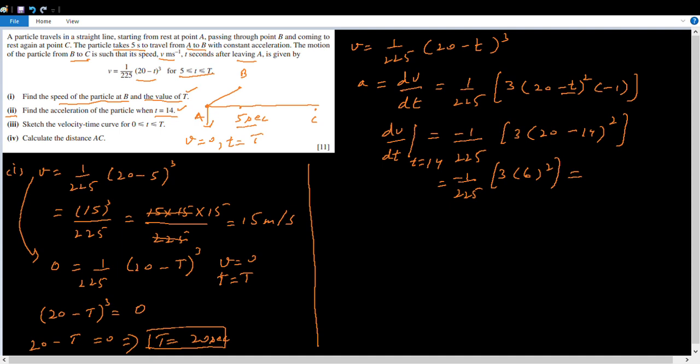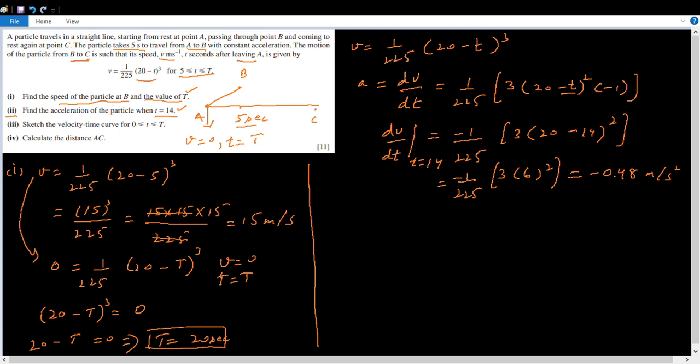So 3 into 6 squared over 225 will be equal to minus 0.48. So the answer will be minus 0.48 meter per second squared.